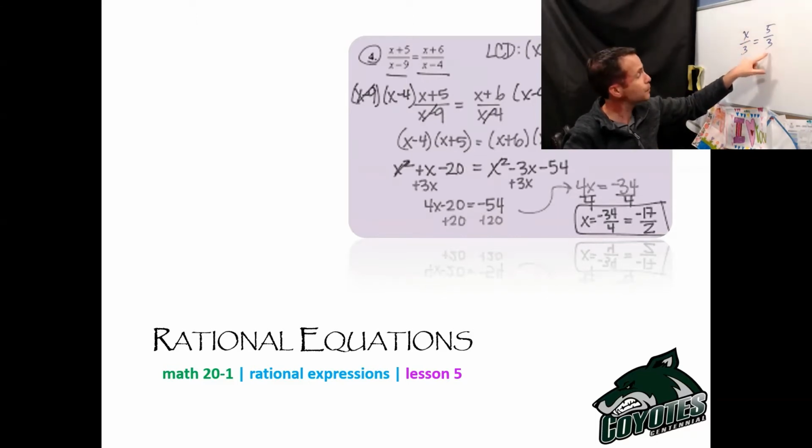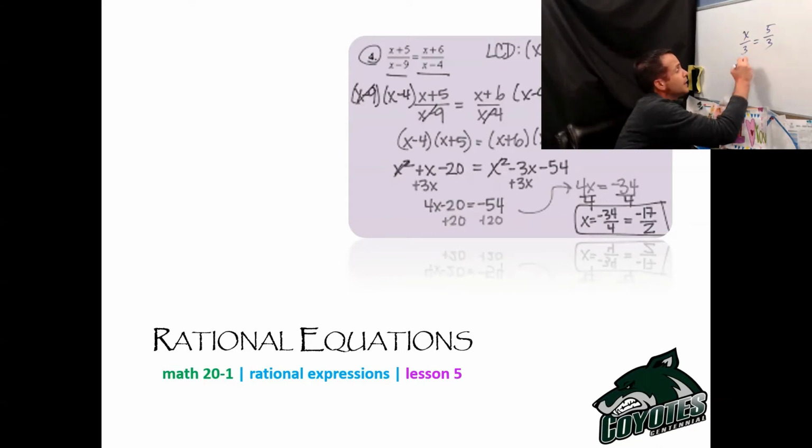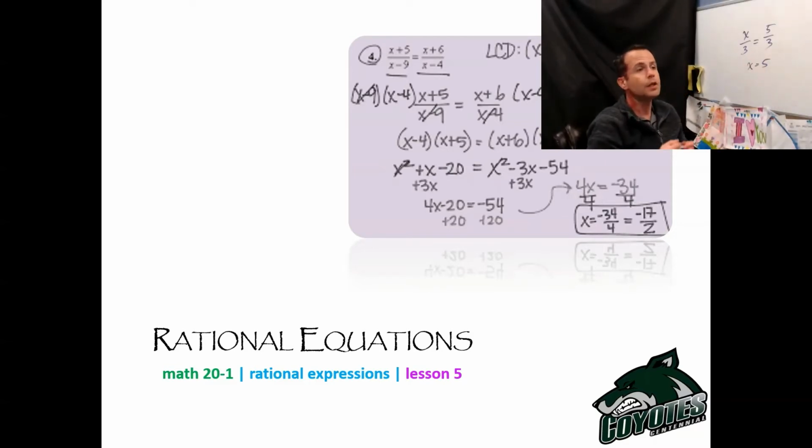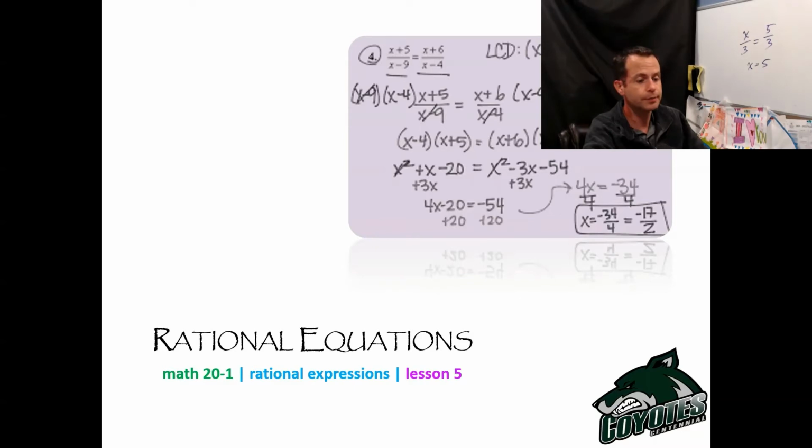And if they're both over 3 on either side, they need to say the same thing if there's an equal sign here. So the only way to do that is to have x equal to 5. So here's the premise. Once I have the denominators to be the same on both sides of the equal sign, I can just pull my numerators out, okay, and solve for my numerators.